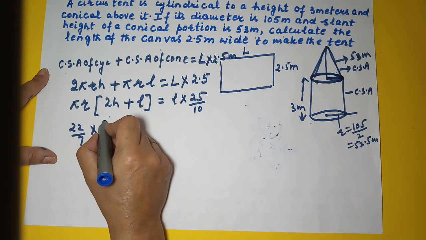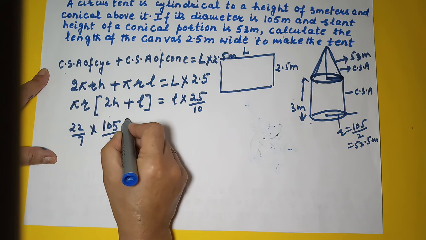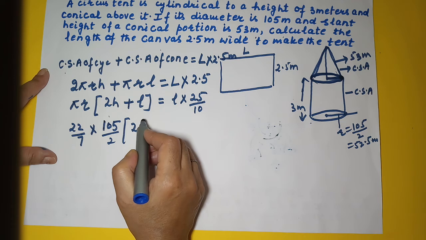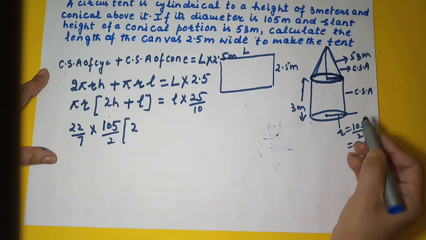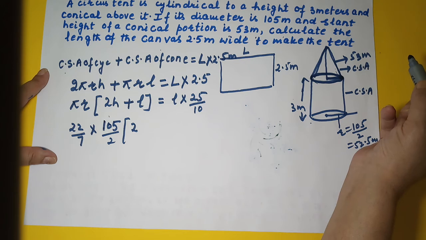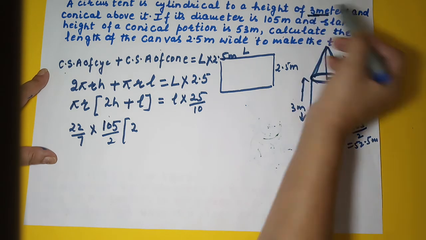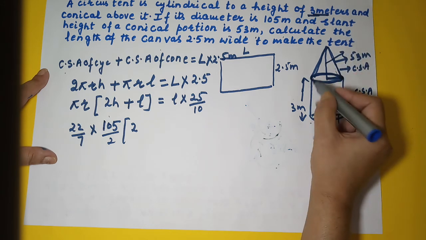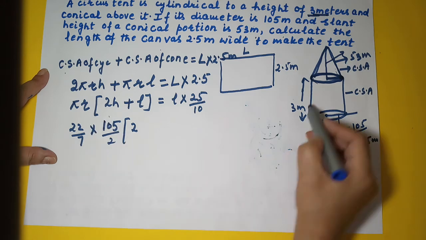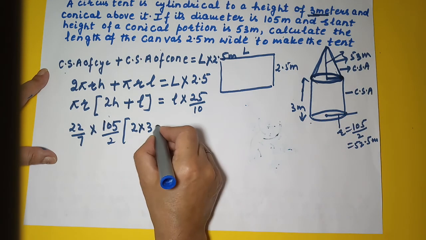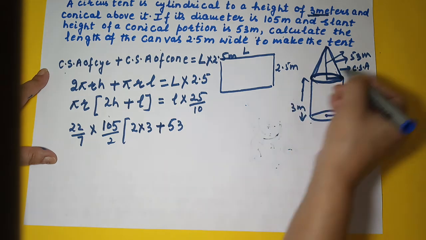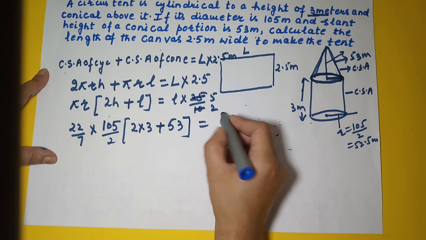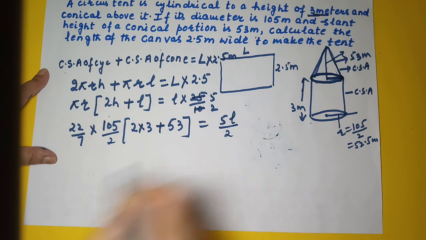R I have 52.5. Let me take it as 105 divided by 2 into 2 height. What is my height? Height is given as 3 meters. So this height of this cylinder is 3 meters, into 3 plus slant height 53, is equal to 25 L upon 10.